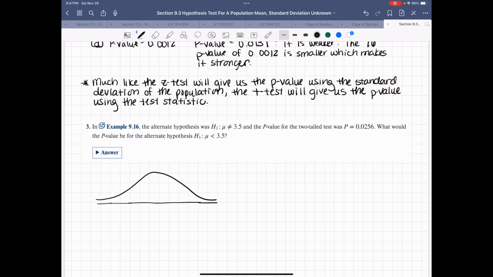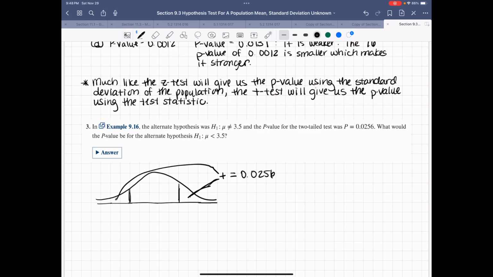Okay, so it said the alternate hypothesis was mu did not equal 3.5, and the p-value for the two-tailed test was, okay, so since it's two-tailed, we're getting this chunk plus this chunk added together equaled 0.0256. Those two added together. Well, they each have to be equal there, so I need to know what did each side equal.